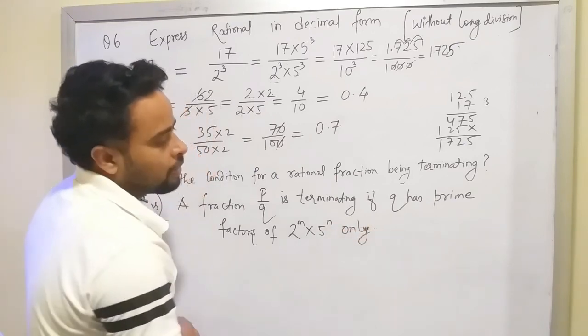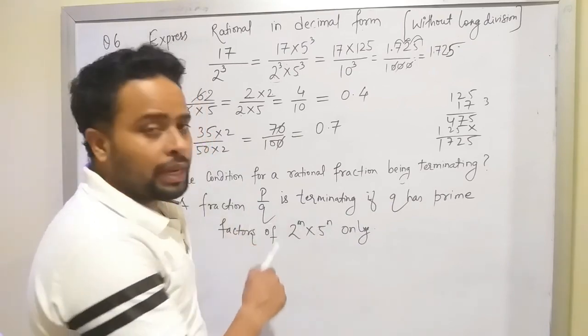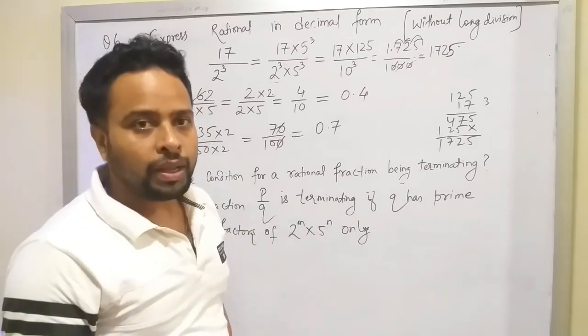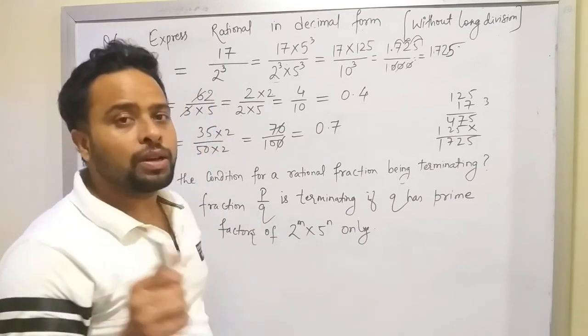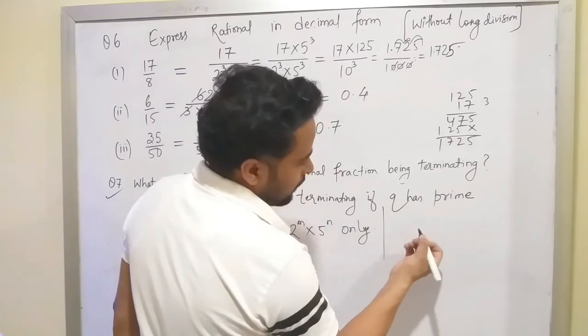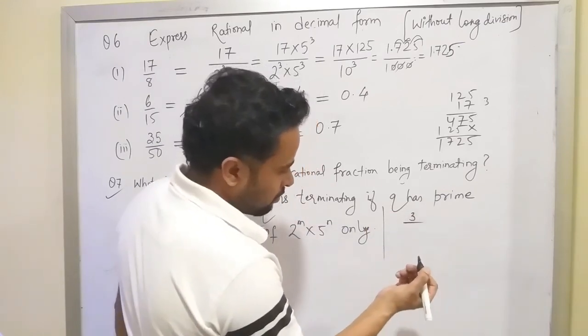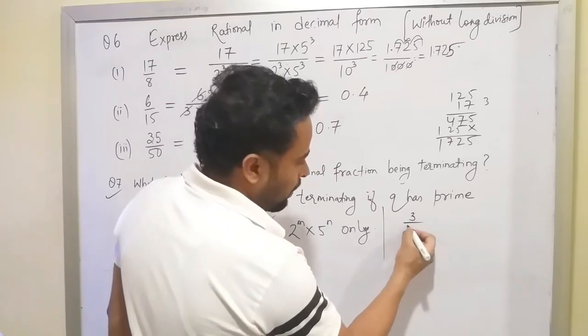If your q has prime factors of 2 and 5 only, then only it is terminating, otherwise the fraction is non-terminating.